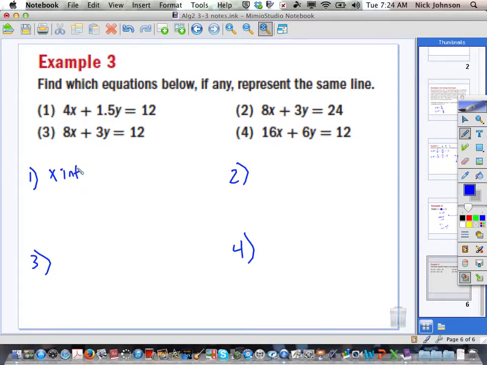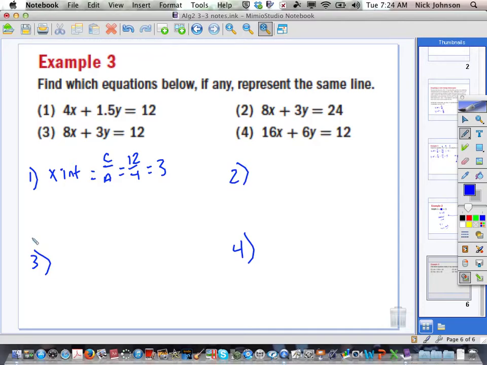My x-intercept for the first one equals c divided by a, which equals 12 divided by 4, which is 3.